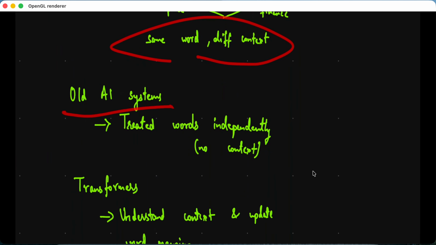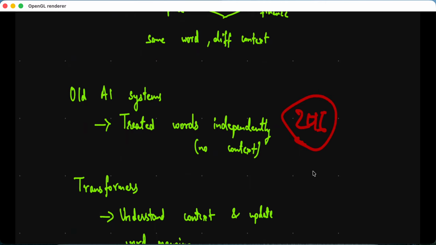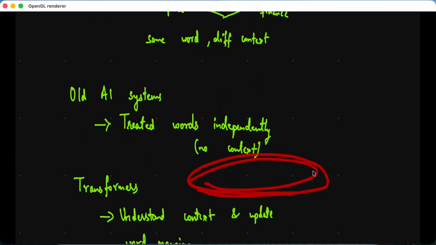So the old AI systems only treated words independently. That means they did not understand the context. Let's say in the pre-AI era, like in 2016 or 2017, when we gave it a sentence like "a cat sat on a mat", it did not understand the context of the complete sentence. It only understood the words.